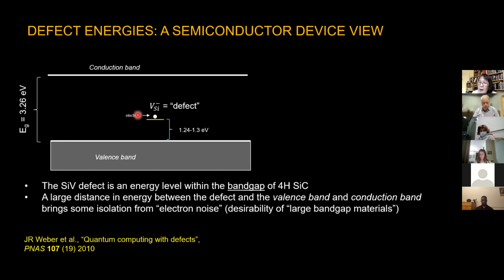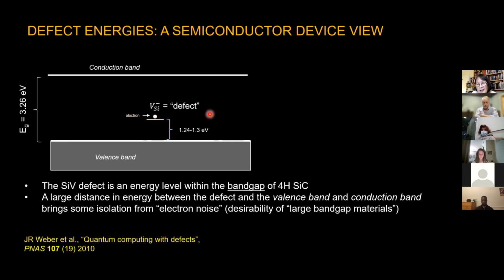The way we represent a defect in a semiconductor is to say that when we disrupt the material, we create an energy state that formerly was not present in the band gap. And so we represent, for example, the silicon vacancy, and this is a negatively charged vacancy, which becomes important, by an energy level within the band gap.